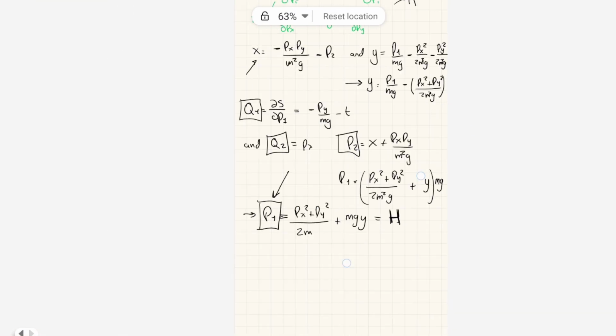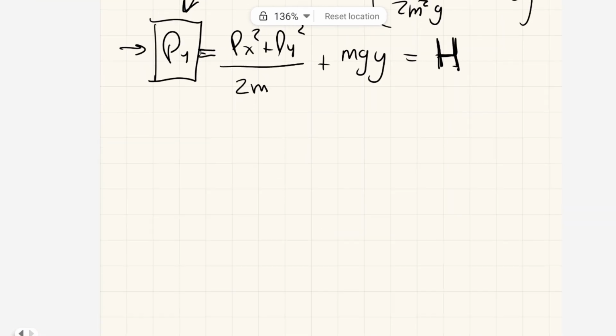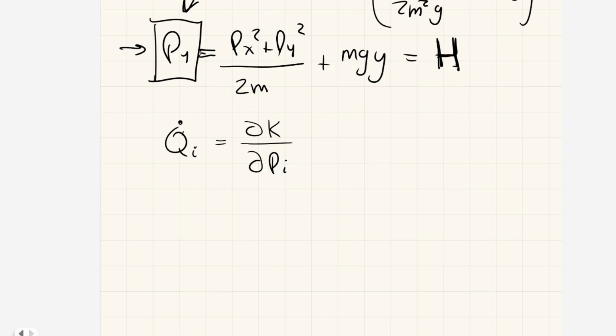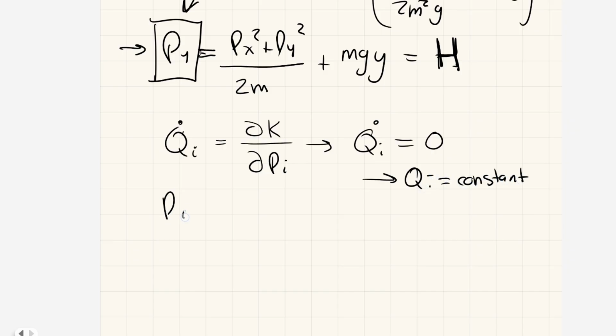If we follow the Hamilton equations, we know that qi dot is equal to the partial of that new Hamiltonian with respect to pi, but if K is equal to 0, that means that qi dot is equal to 0, giving us that qi is a constant. The same thing happens with pi, because pi dot is equal to negative the partial of K with respect to qi.